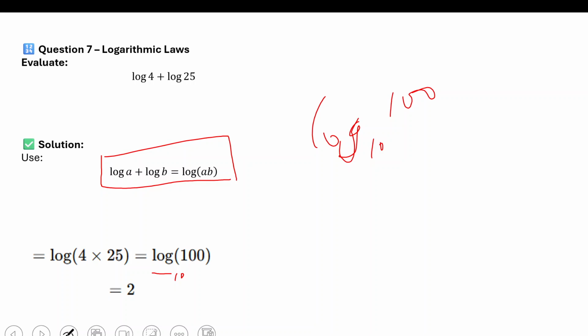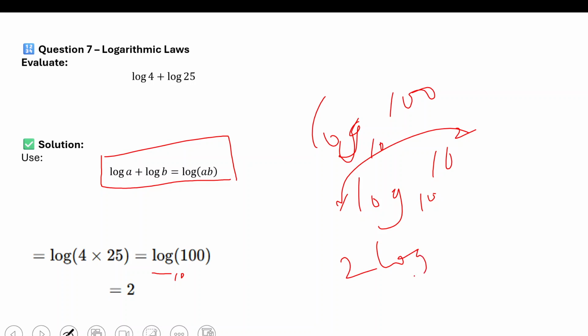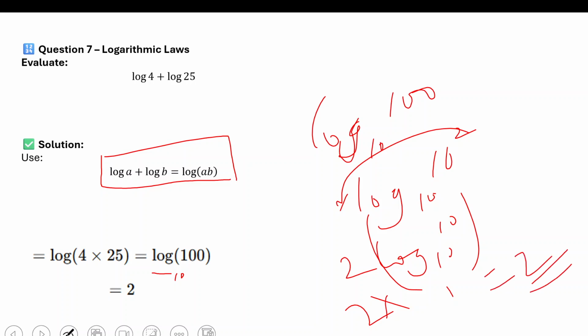But this is log 100 to base 10, and you know that log 100 is log of 10 squared, to base 10. So the 2 will come down. I have 2 log 10 to base 10. Log 10 to base 10 is 1, times 2 will give us 2.